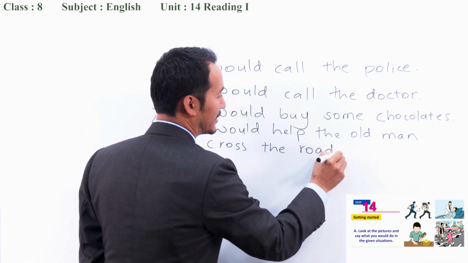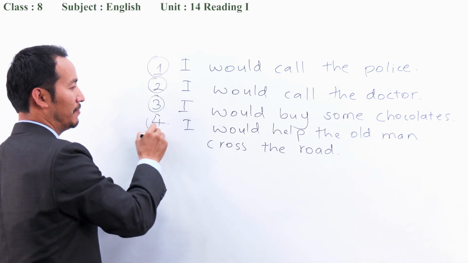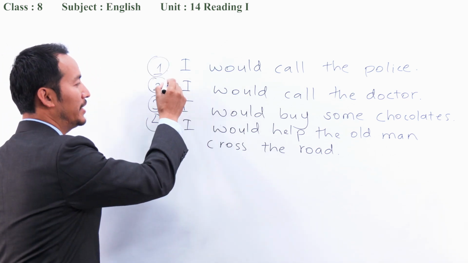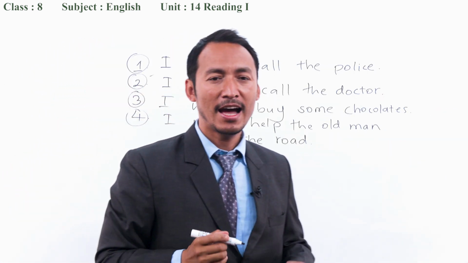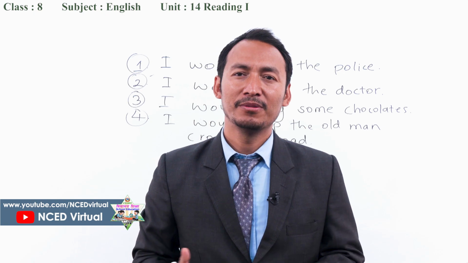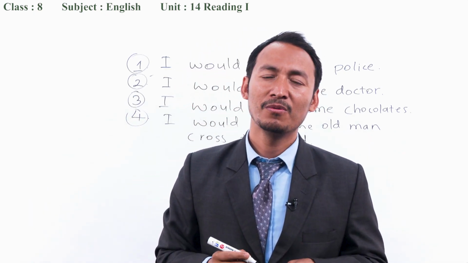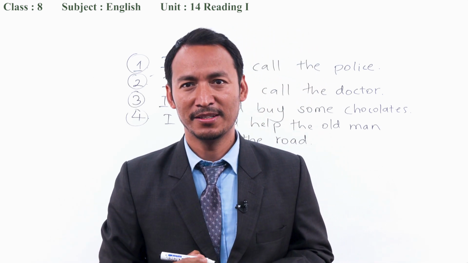Okay, students, so we have the first, second, third, and fourth pictures. For these, you can use the "I would" structure to say your wish or your idea, what you would do in that situation.